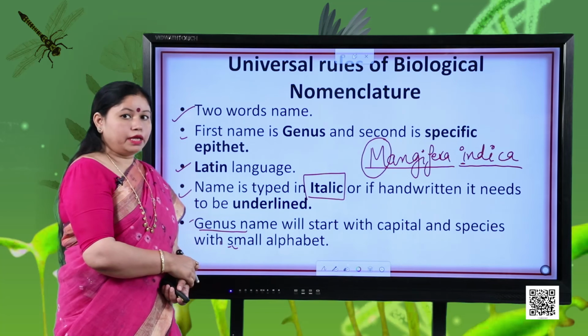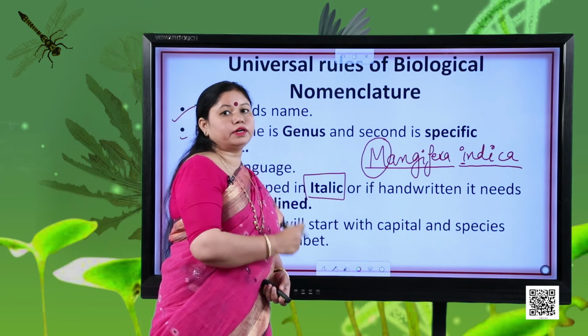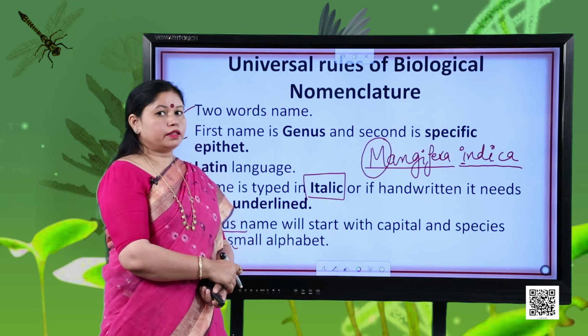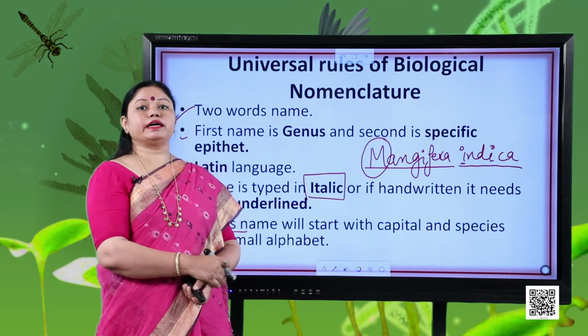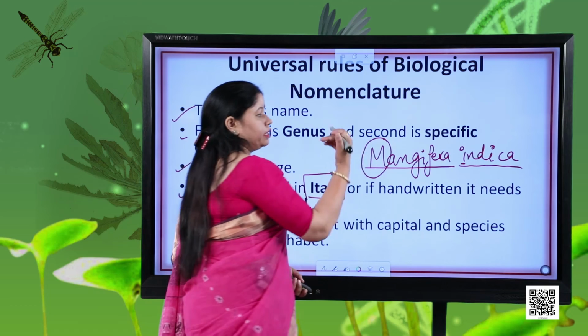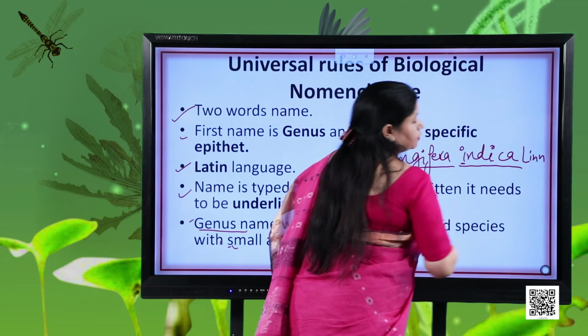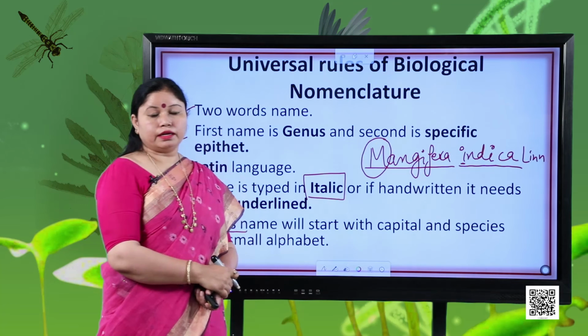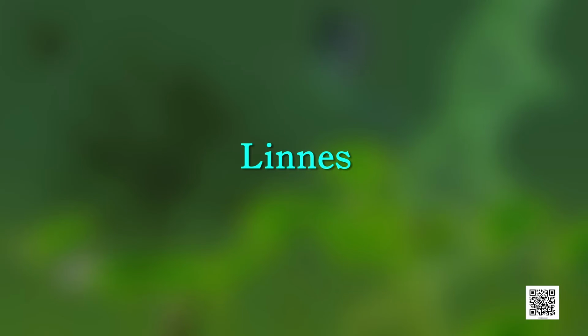Many times you will observe there is a third word along with the biological name. That is the abbreviated name of the scientist who described that species. For example, if I write this with a name, that represents that this organism was named by Linnaeus.